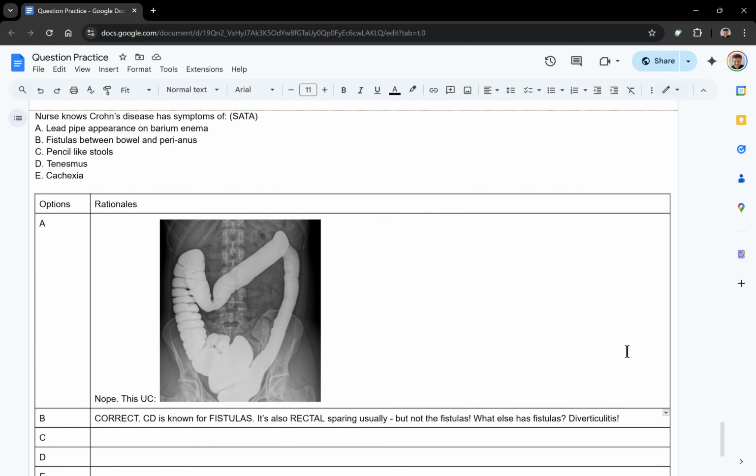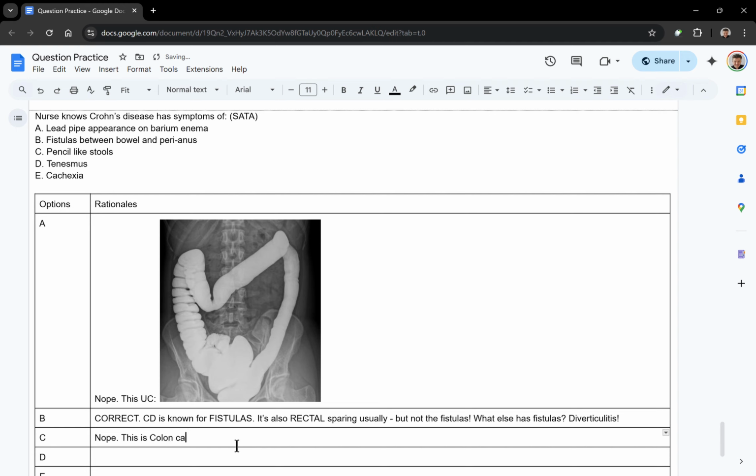So C. C was pencil-like stools. That's a nope. Why? This is pencil colon cancer?